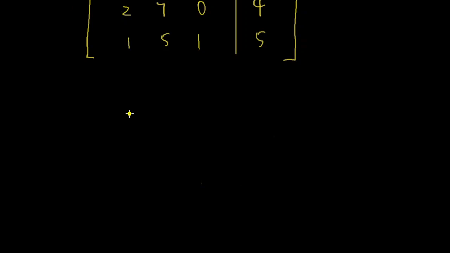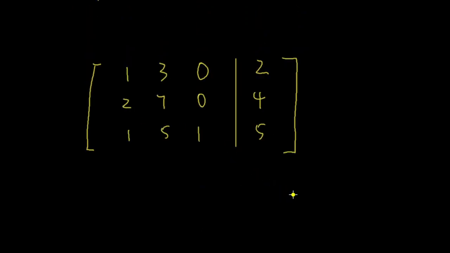What kind of operations can we do to this matrix? You can interchange two rows, or you can multiply a row by a constant, or multiply a row by a constant and then add it to another row and replace that other row with what you just did.